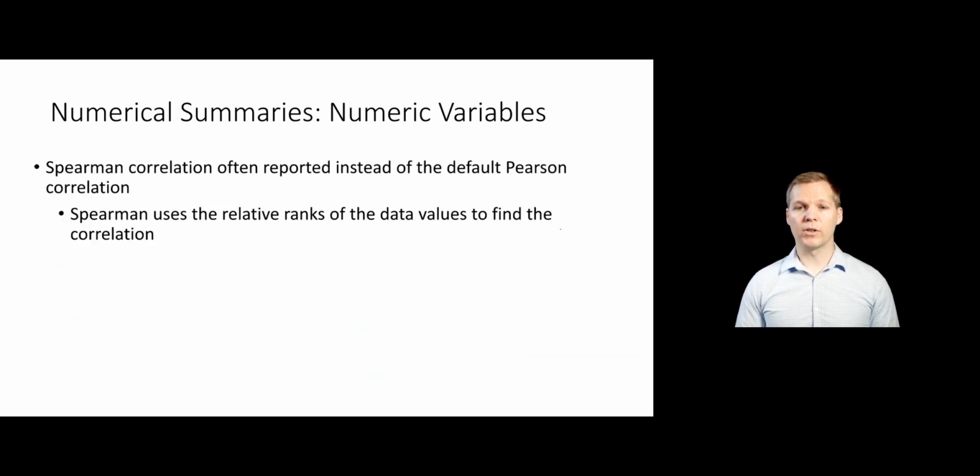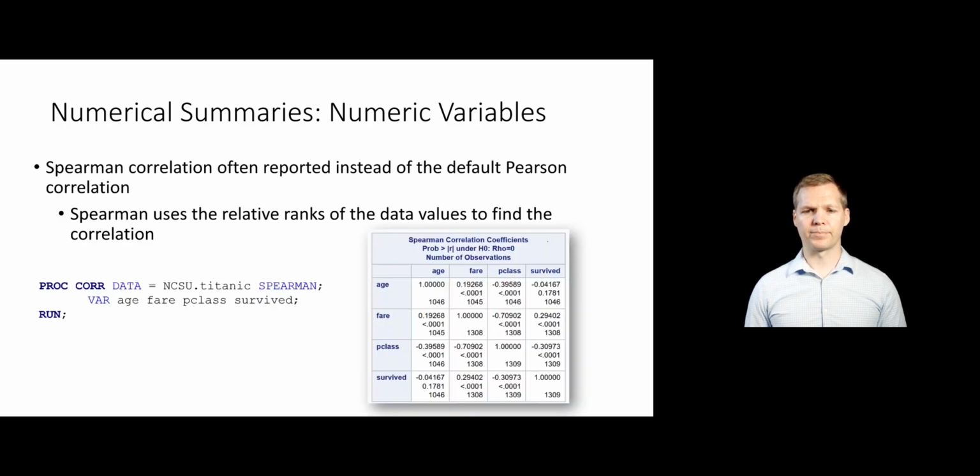Again, you can look at this basic correlation that automatically gets produced. That's called Pearson's correlation, and that uses the actual data values to calculate the correlation. If you have lots of outliers or things like that floating around, you can use Spearman's correlation instead, which uses the relative ranks of the data, rather than the actual data values themselves. And this just helps to deal with those extreme values.